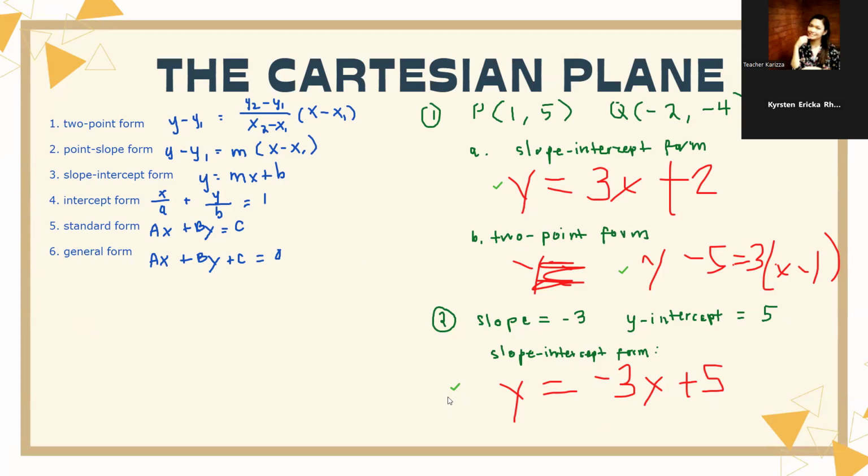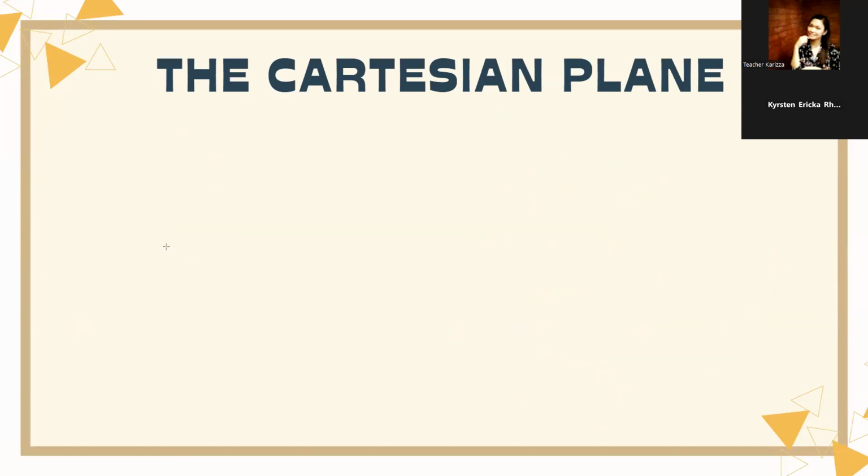So next we have parallel and perpendicular lines on the Cartesian plane. If this is your Cartesian plane, if we have two lines that have the same slope, that would look like this. They have the same slope, so they are parallel.